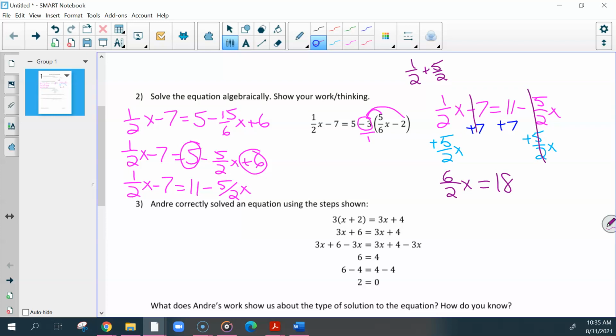You could simplify 6 over 2 to just be 3, and then divide. If you didn't simplify 15 over 6, you should have still gotten the same thing, but it may have looked different.